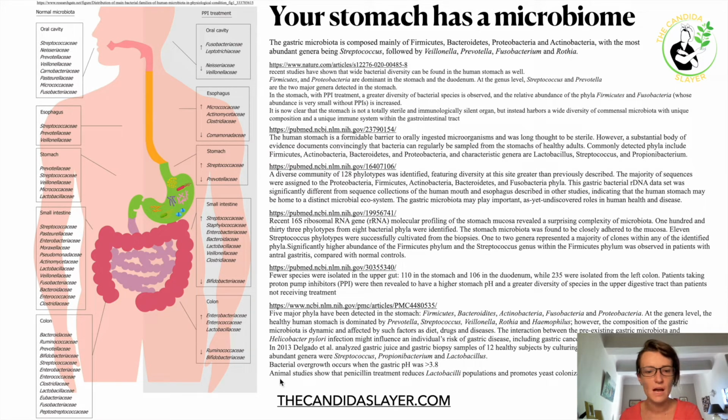Here it also says animal studies show that penicillin, so antibiotics, reduces lactobacilli populations and promotes yeast colonization of the gastric epithelium. Here again, we can compare it to what happens in our gut with Candida and other fungal infections. So it can happen in the stomach also. You can have a fungal infection because the pH is not right anymore.